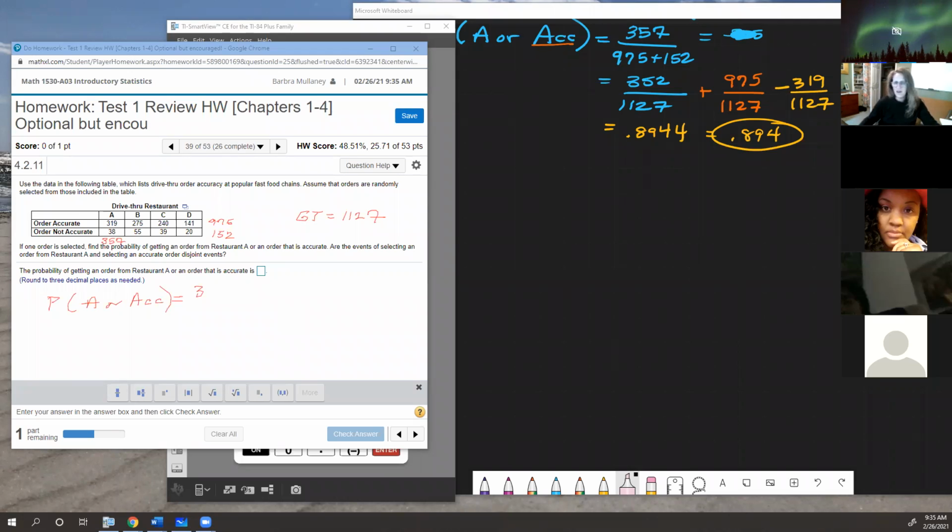Let me go ahead and highlight those columns first. Okay. So here's A. I wish it was a highlighter. Sorry about that. Just give me a second there. I'll just circle it. Okay. So here's A. And then an accurate order is right here.